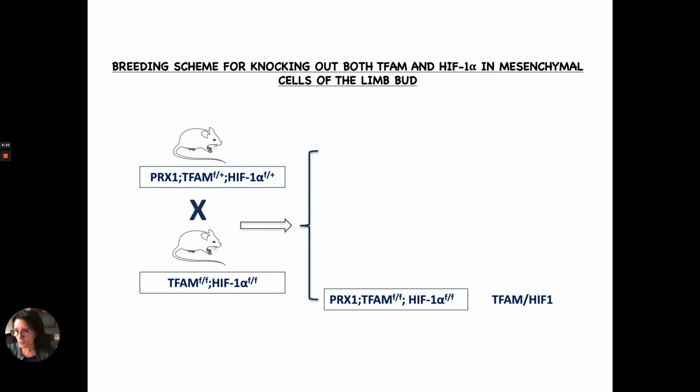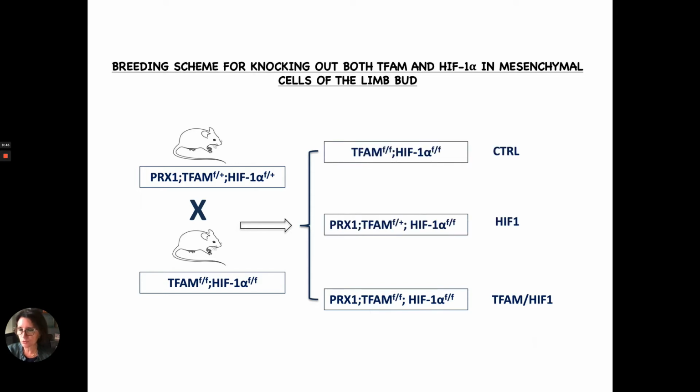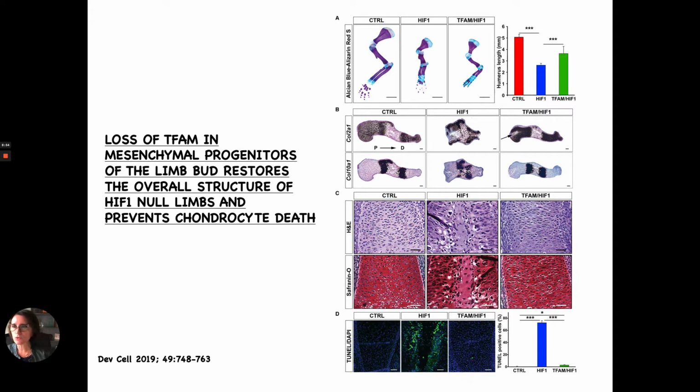So at this point, we went back to our original question. Is increasing mitochondrial respiration detrimental for the developing growth plate? For this reason, we created a double mutant lacking both TFAM and HIF-1, again in mesenchymal progenitors that give origin to chondrocytes. And the result was quite impressive. This is a whole mount Alcian blue staining, and you see that the mutant limb lacking both TFAM and HIF-1 is, again, a bit smaller than control, but overall looks very similar.